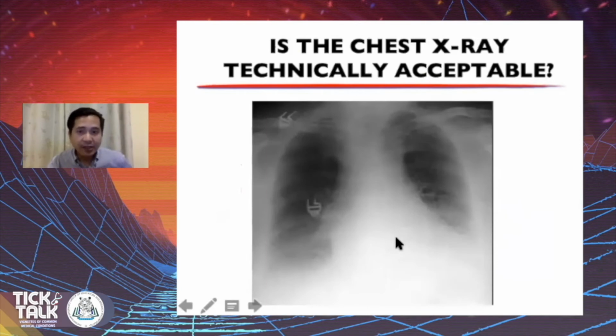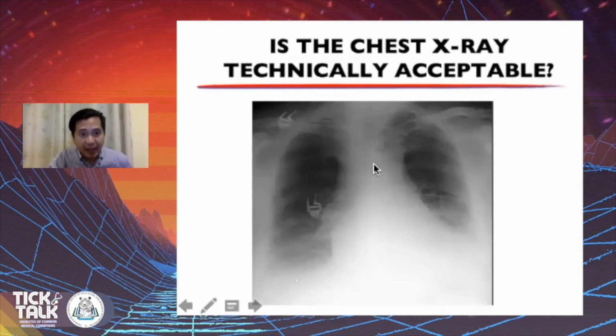This film is obviously underpenetrated. Most likely, this film was taken on an AP view. Probably the patient is on a stretcher, so the PA view cannot be done. Okay, why? First, we cannot see the vertebral bodies. And because of this, we may interpret this as effusion, bilateral effusion, because there is haziness in both bases.